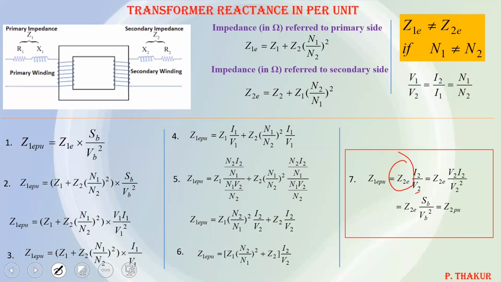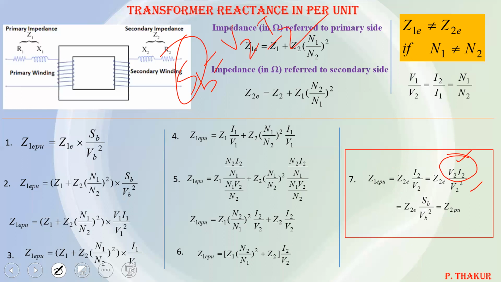Now you can multiply V2 in numerator and denominator. You will get I2 V2 here and V2 square here. And what is I2 V2? I2 V2 is the base value of S for the secondary side. Base value of S for the secondary side is V2 into I2.